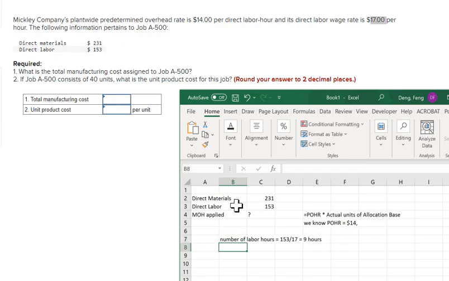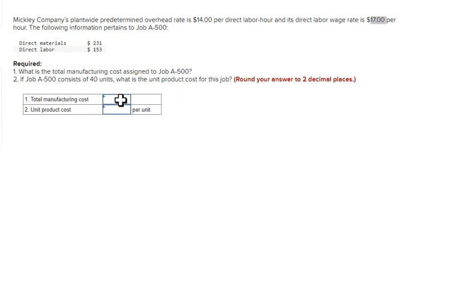So 9 hours multiplied by the rate of 14, that's our total overhead cost allocated to this job. Then we add the three together, and we should have the total cost for this job, 510. So the total manufacturing job cost is 510.